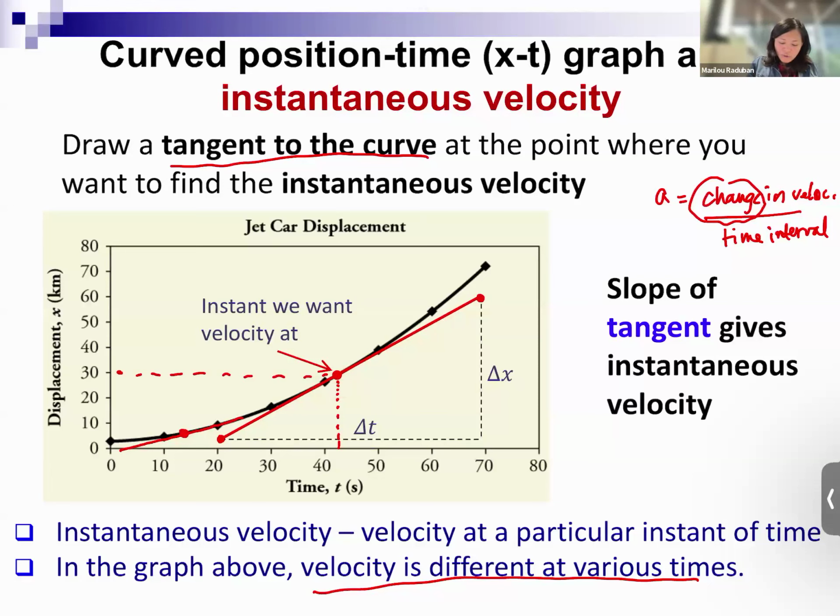That's why you have to draw a tangent line in order to get a change in position that satisfies the definition for velocity being change in position over the time interval. Did that answer your question, Ryan? Okay, good. I hope that answered your question, but if not, just feel free to ask a follow-up question.